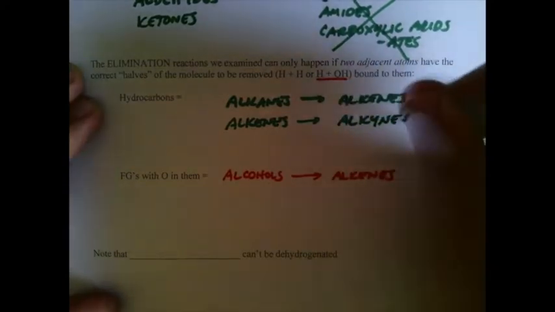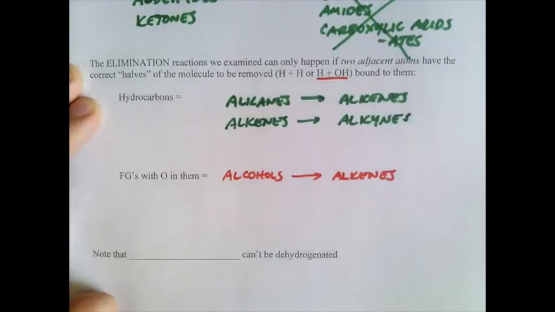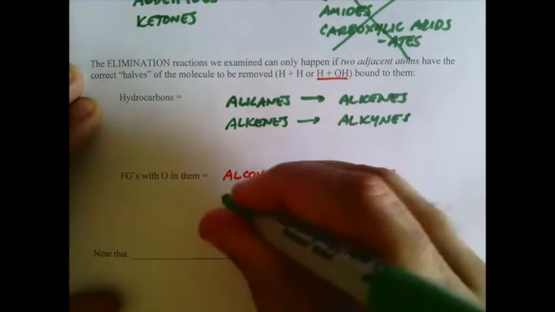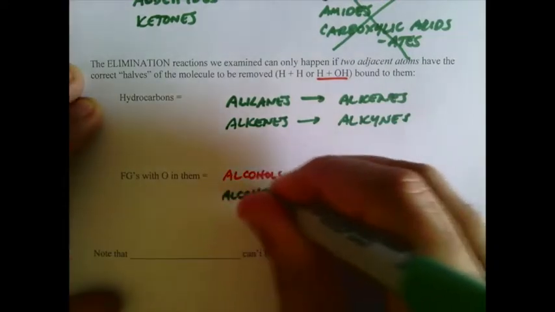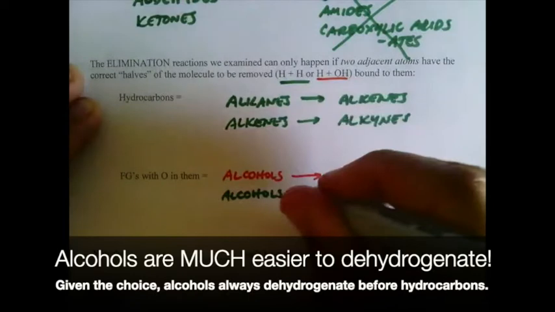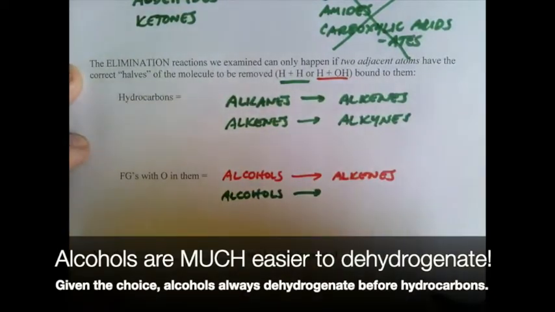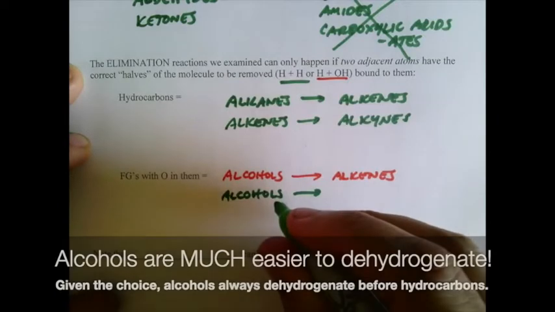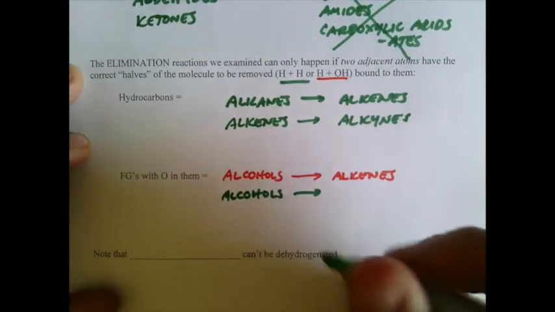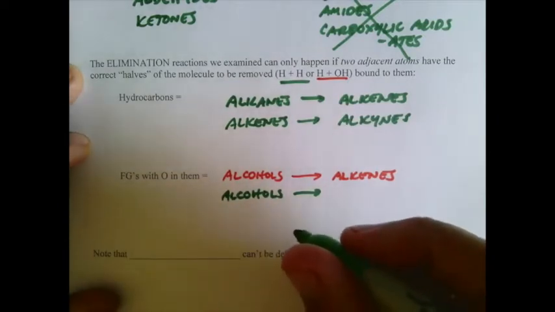It would turn it into a triple bond in that case. The other major thing we saw that could be dehydrogenated were, again, alcohols. They are capable of losing a pair of H's. In this case, one of them off the oxygen in the alcohol and the other one off the carbon that is attached to that O.